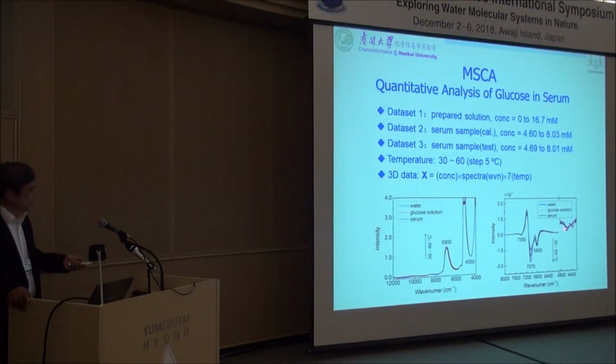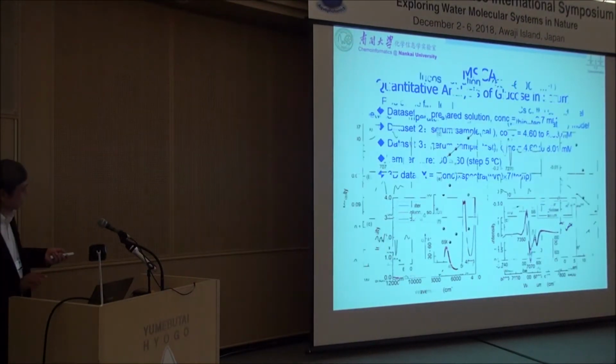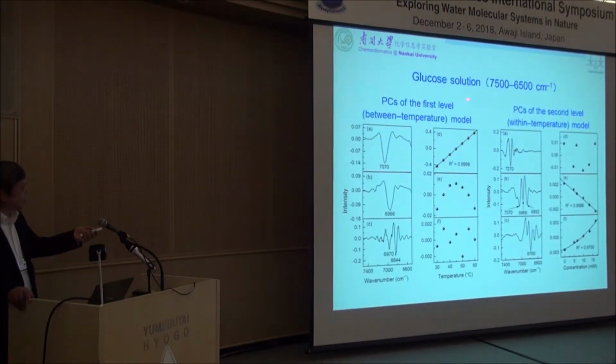If you compare these spectra, we can see the information of the protein, and the most interesting region is the spectra of water. So I will just tell you the result obtained from this region. This is the first level model.